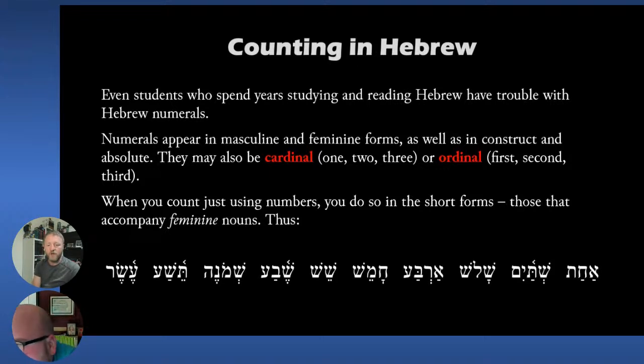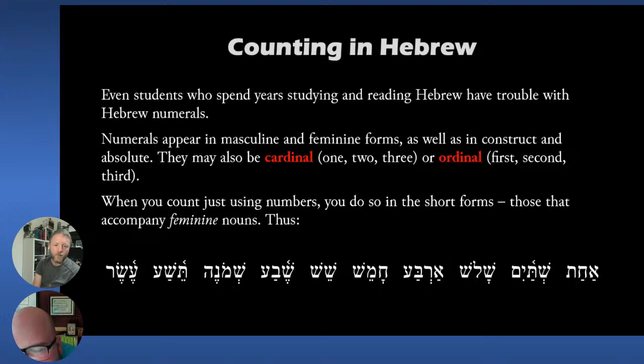Okay, when you're counting, I say count to 10. You say 1, 2, 3, 4, 5, 6, 7, 8, 9, 10. That's how you count. If you tell somebody, count to 10, 1, 2, 3, 4, 5, 6, 7, 8, 9, 10.